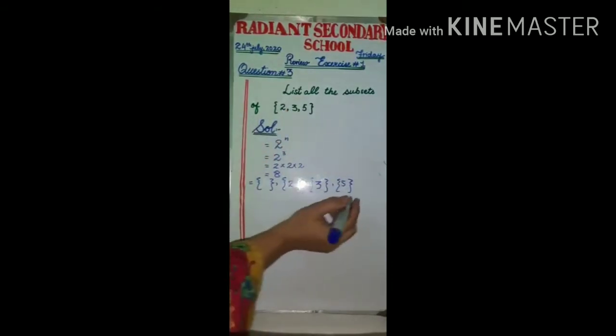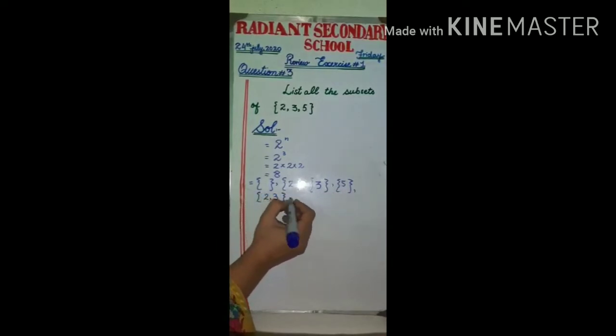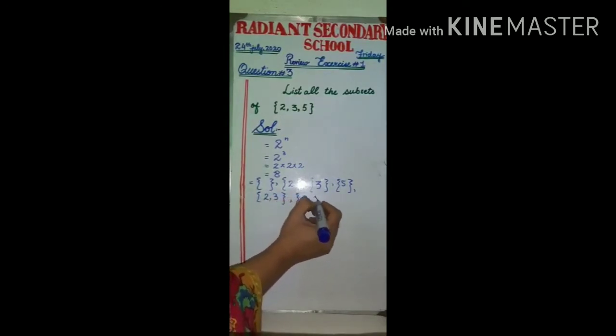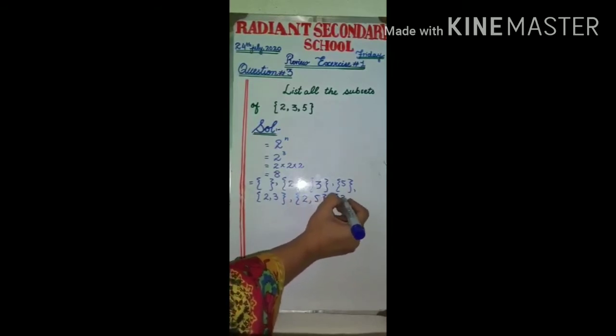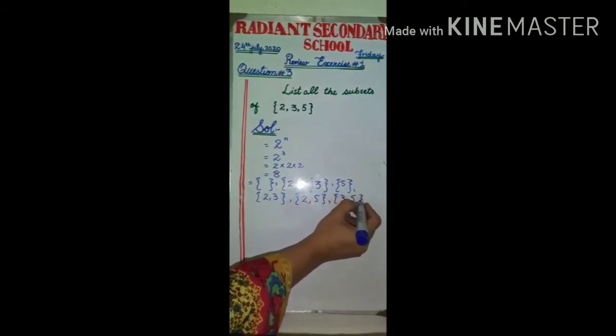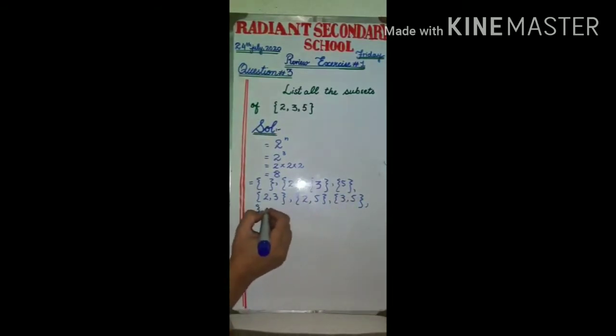Again 5. Now it will become 2, 3, and 2, 5, 3, 5, and the last set is 2, 3, 5.